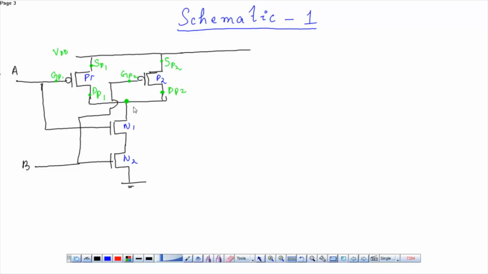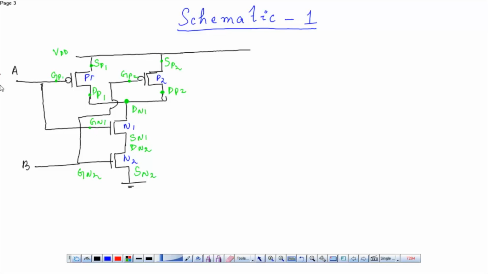So this is drain of N1. This is gate of N1. This is the source of N1. And again, we know the sources of NMOS are connected to ground. So this is source of N2. This is the gate of N2 and this is the drain of N2.